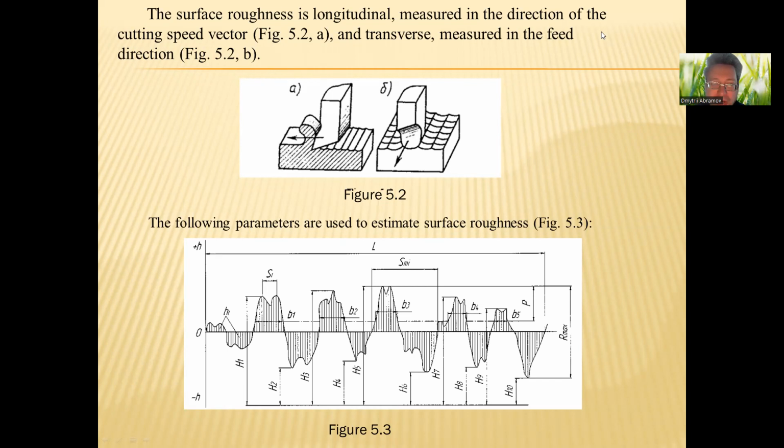The following parameters are used to estimate surface roughness. The height of roughness, H1, H2, H3, and another H. And parameters B, B1, B2, B3.